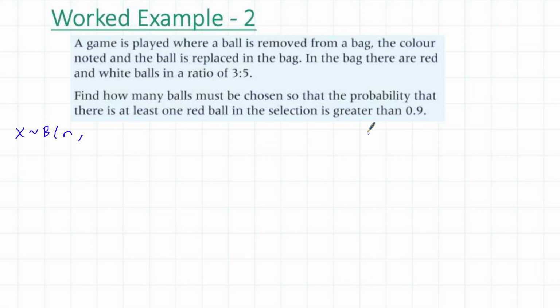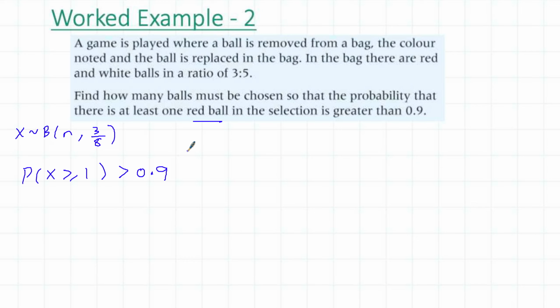I know the probability of getting a red is 3/8, so that's my probability of success. But it's asking how many trials I need such that the probability of getting at least 1 red is bigger than 0.9.